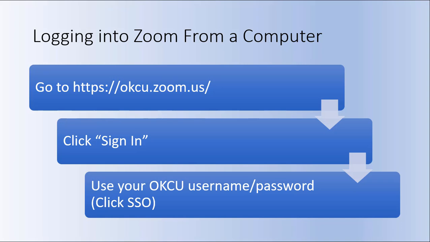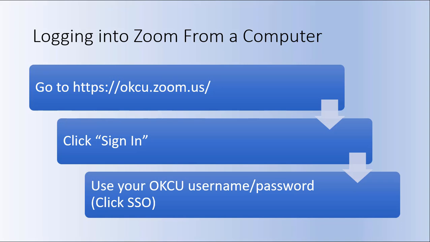If you're on your computer and you want to log into Zoom, go to okcu.zoom.us, click the sign in button, and then click the single sign-on, the SSO option, and put in your Oklahoma City University username and password, just the basic Oklahoma City University credentialing that you have always used for all of the things that you do here. And that will get you into Zoom through your web browser.